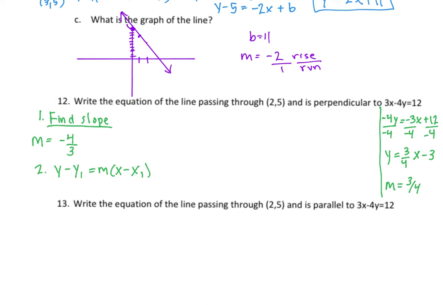Point-slope form is what we need to use as a tool to get the equation into slope-intercept form. So we have our point (2, 5) and our slope -4/3. So we're going to go y minus 5 is equal to your slope, which is -4/3, times x minus the x point, which is 2.